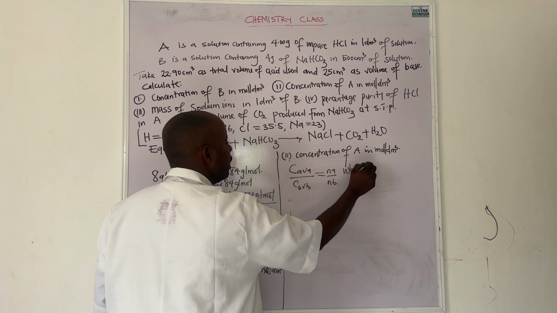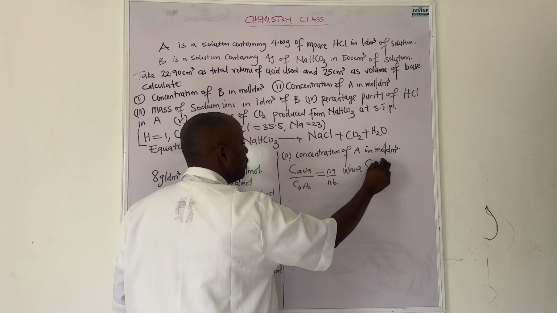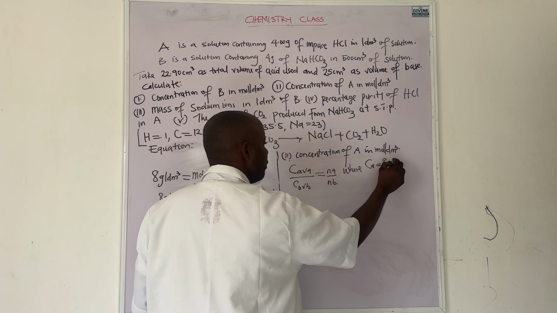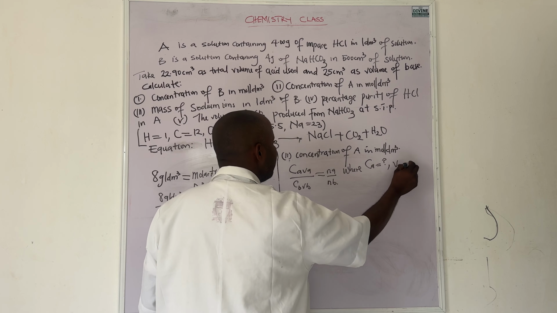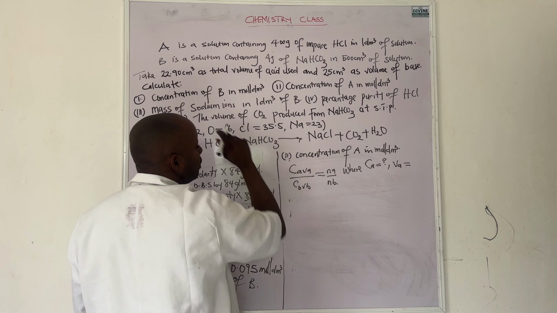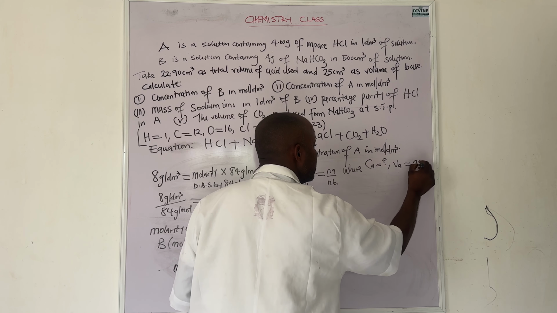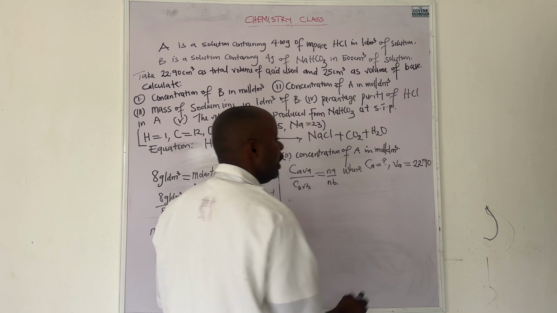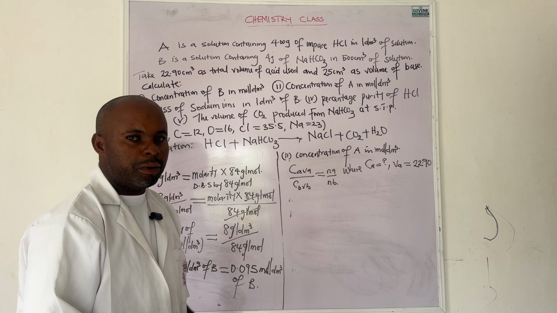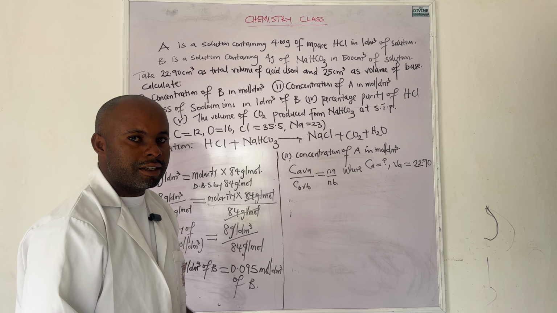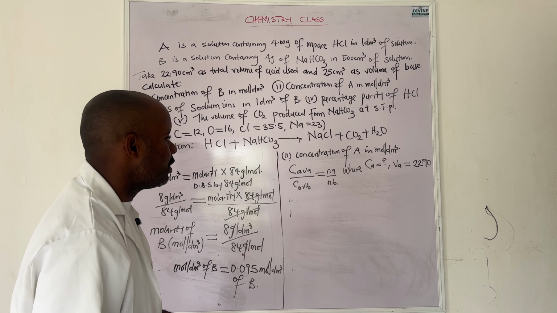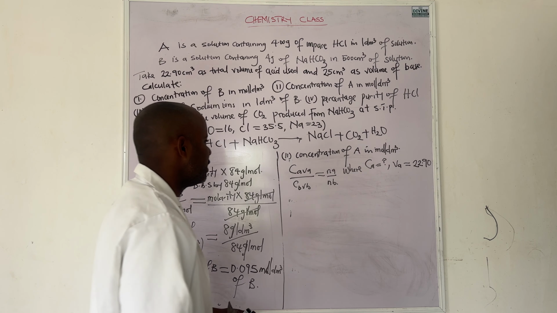Where CA, we are looking for the concentration of A. VA is giving us the volume of acid, which is your titer value, and as I've said, is peculiar to a student. If you are in a group, you can use a particular titer value in your class. So now we are using 22.90 as our titer value in this calculation.